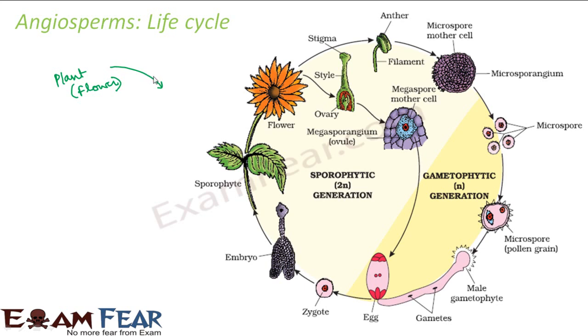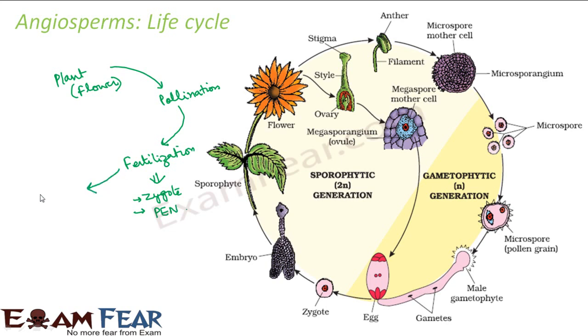The pollen grains will be transferred to the stigma by the process of pollination. Now once it reaches the stigma, it will enter into the ovary where fertilization will take place. What will happen in the process of fertilization? A zygote will be formed and a primary endosperm nucleus will be formed.